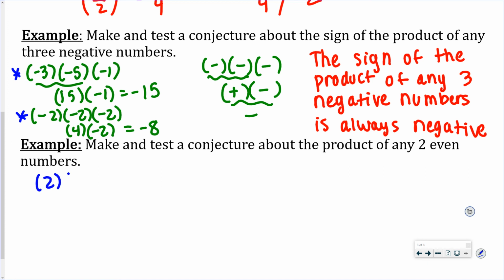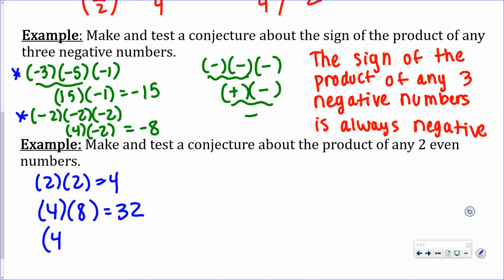Here were some of my examples. 2 times 2. Then I did 4 times 8. I saw someone do 4 times 10.